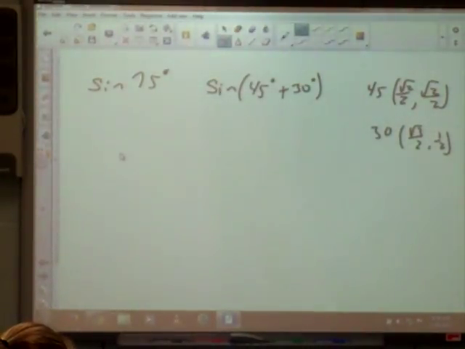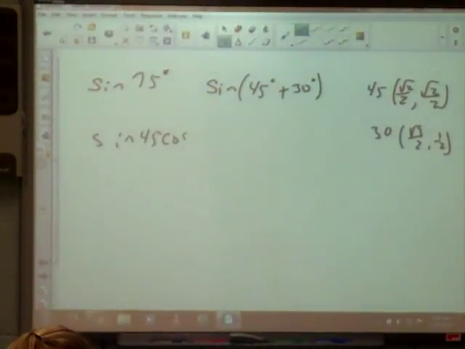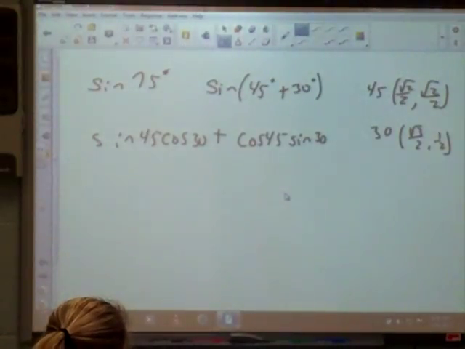Just like the last one, I'm going to start off with the sine of 45 times the cosine of 30, plus the cosine of 45 times the sine of 30. Did I get it set up right? I tried to do that without looking. I was practicing my memorizing. Oh, good.